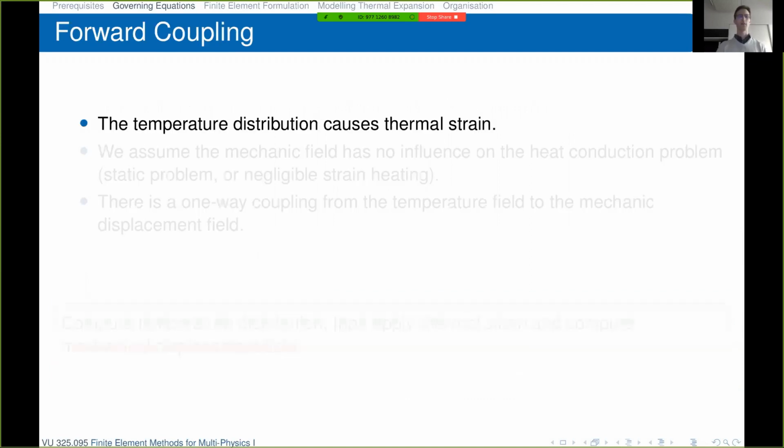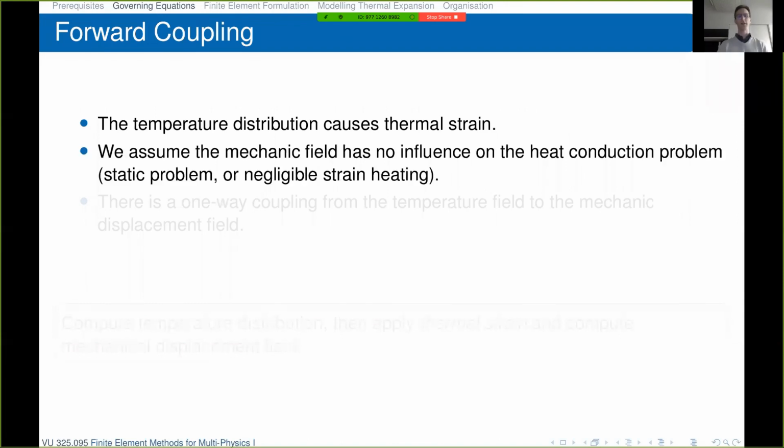What does this forward coupling mean? This means basically the temperature distribution causes thermal strain, and then we assume the mechanic field has no influence on the heat conduction problem. Like, for example, we have a static problem, so no time derivative, or we can neglect the strain heating effect.